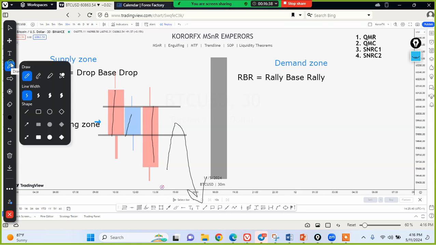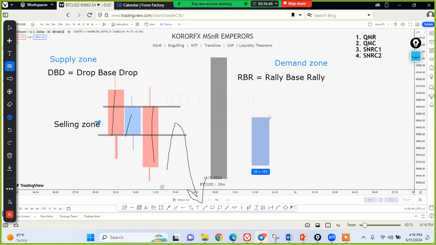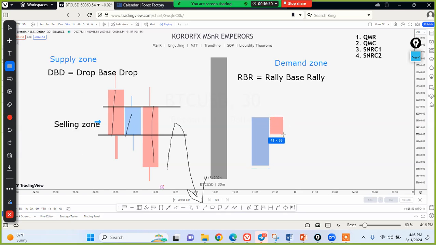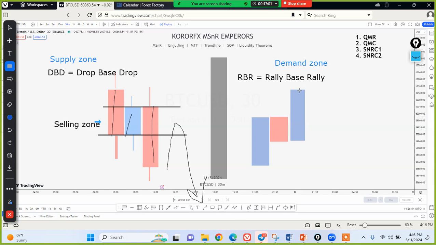The other one is rally base rally. So rally means price pushes up, and then drops a little bit without taking this one, and then price pushes again from here.